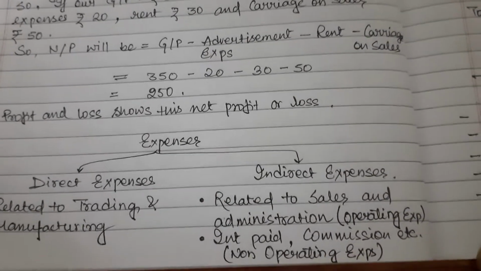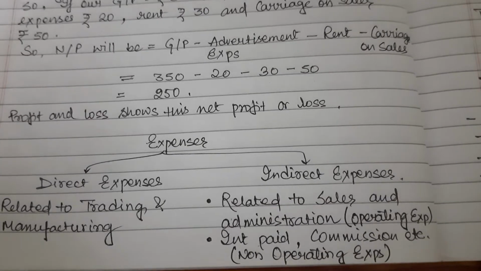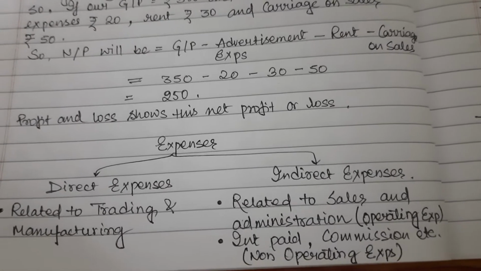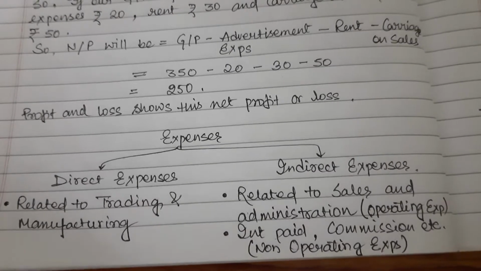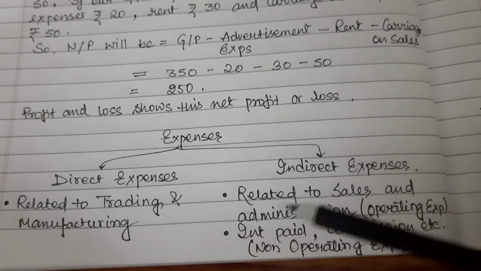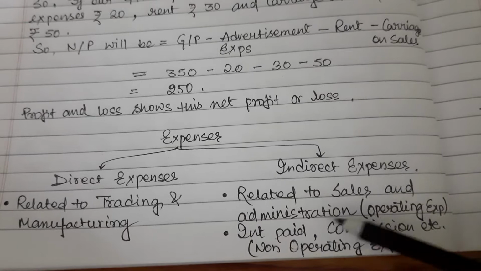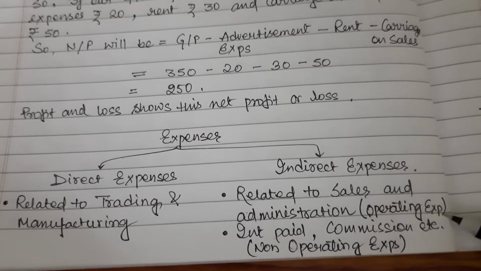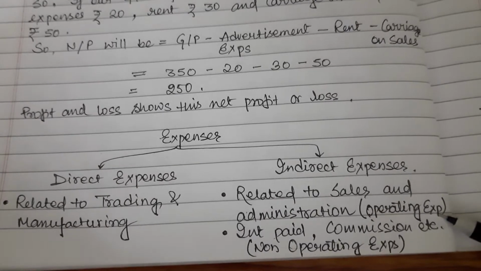Now we have classified expenses into two parts. First one is your direct expenses and second one is your indirect expenses. Direct expenses, we are supposed to record in trading account. Why? Because those are related to trading and manufacturing. And indirect expenses means related to sales and administration, that is operating expenses. Operating expenses means to maintain the business.